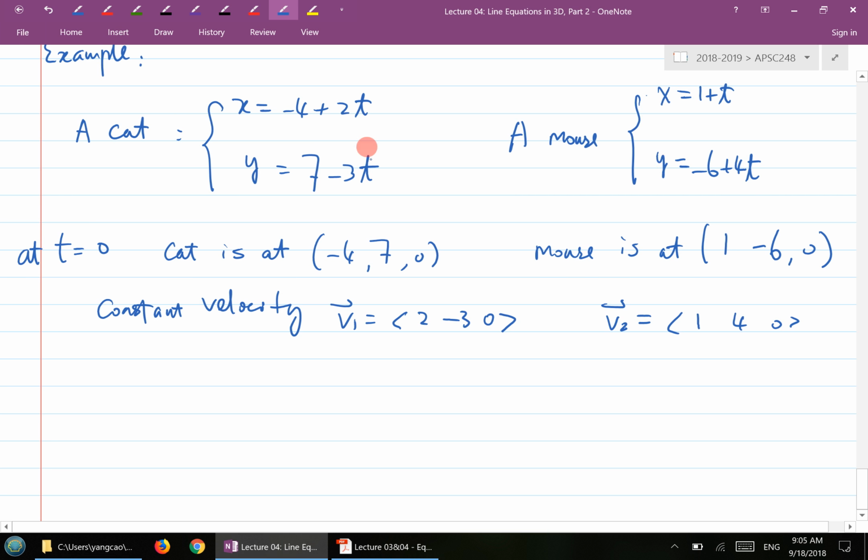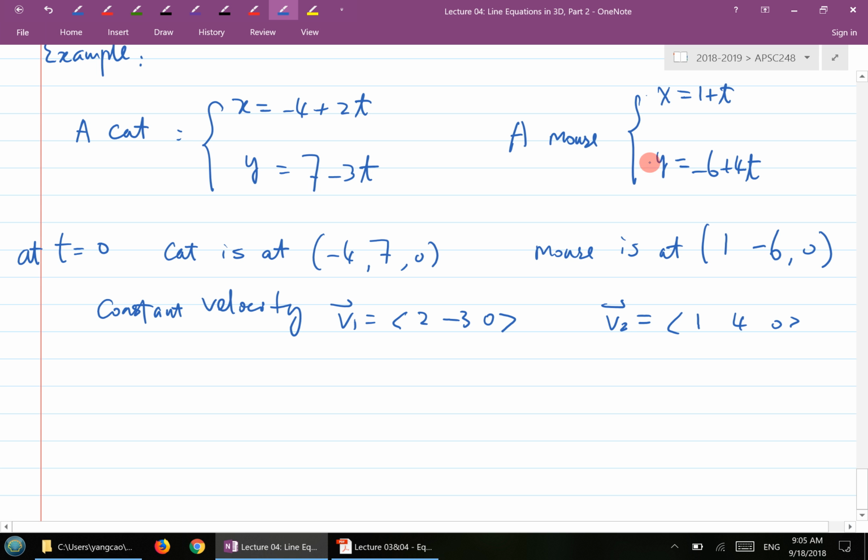So basically, can I find a value of t such that the coordinates of the cat will be the same as the coordinates of the mouse? That is what we mean by the catch.